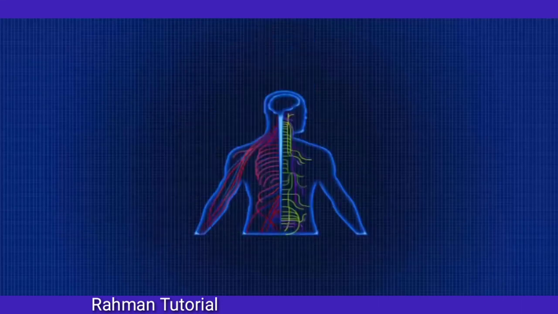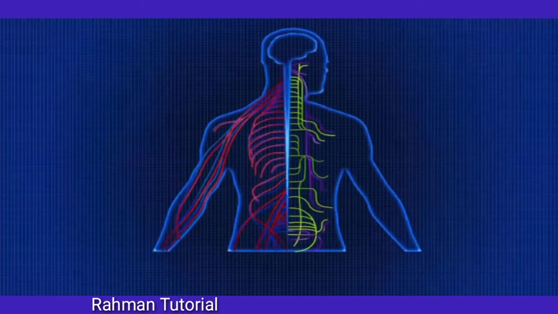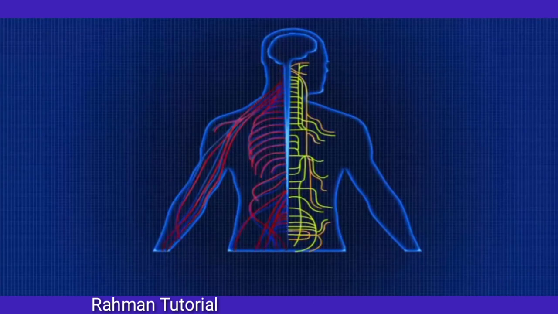Motor nerves control both voluntary and involuntary functions. Based on the functions performed by the peripheral nervous system, it is classified as autonomous nervous system and somatic nervous system.